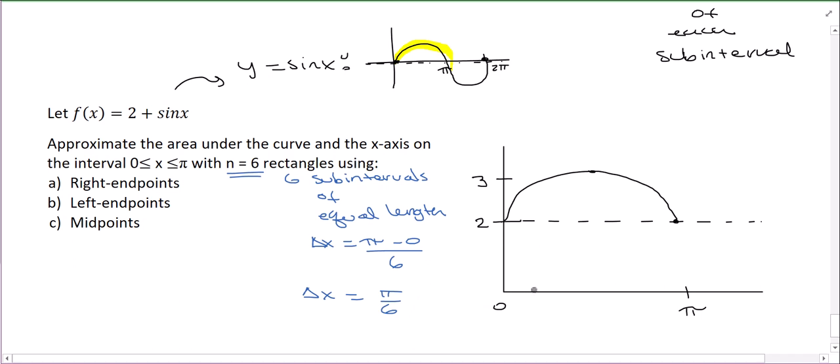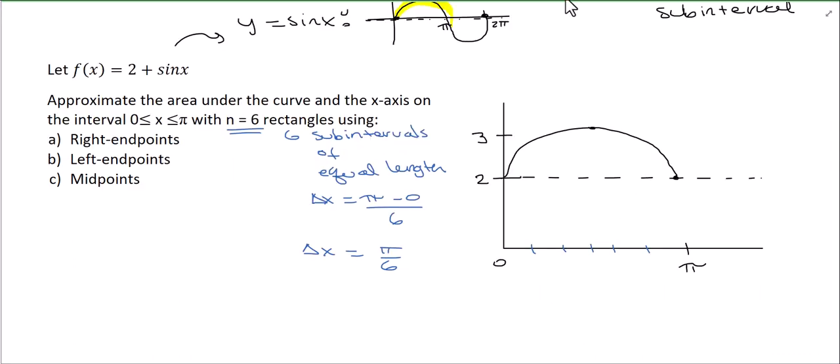And so now we can break up the interval. We want 6 equal pieces. So let's see, 1, 2, 3, 4, 5. Pretend those are equal. And so we can start putting them in. The first one is pi over 6. And then how do you get to the next one? Add pi over 6 until you get all the way to pi. Each of them is pi over 6, so to get from this one to this one, you need to add another pi over 6.